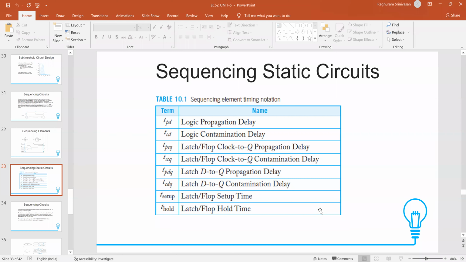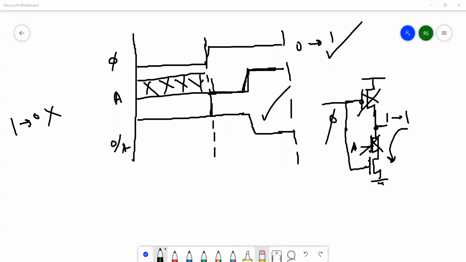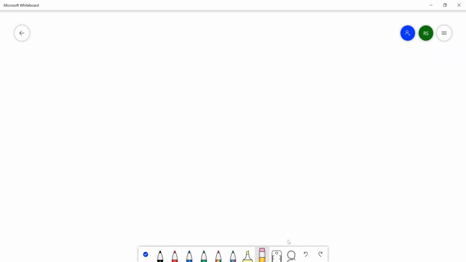In our inverter voltage transfer characteristic, let's switch to the whiteboard. Let's say that I wanted to calculate the contamination delay of an inverter. Propagation delay, we know how to calculate, right?